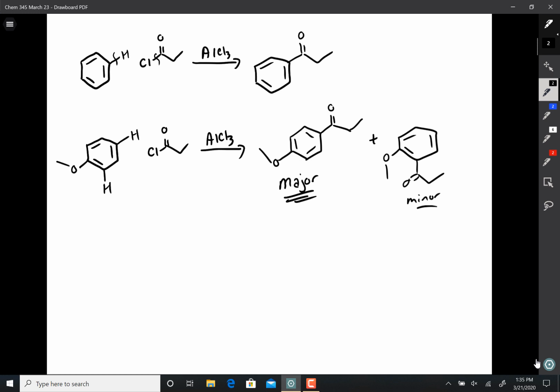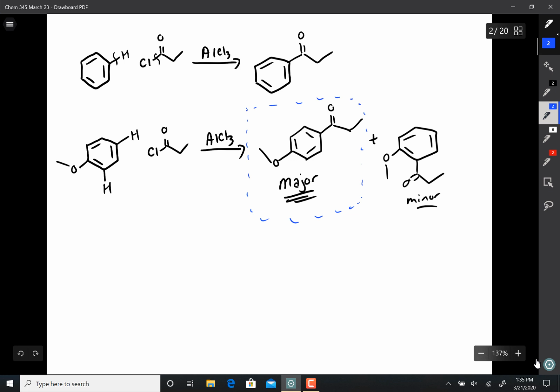The ortho positions are sterically demanding, and these electrophiles are quite bulky, and as such they have a tendency to add para more than ortho. So when it comes to predicting products in this class, the major product when you have an ortho-para director is going to be the para product. There are some exceptions in real life, but those exceptions are few and far between.